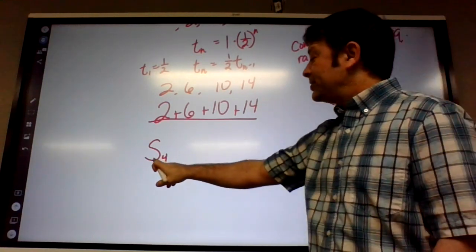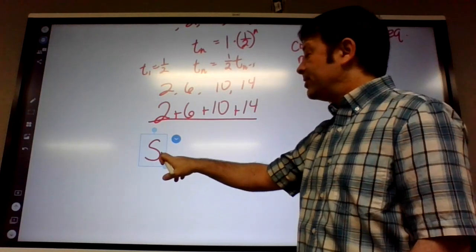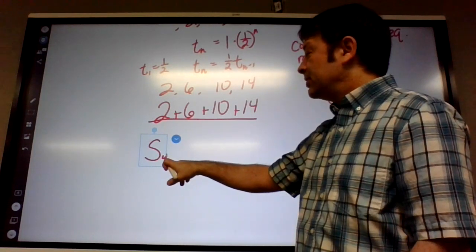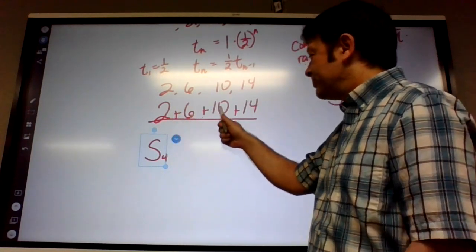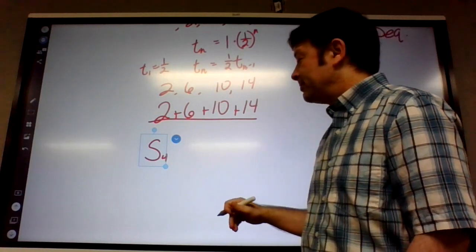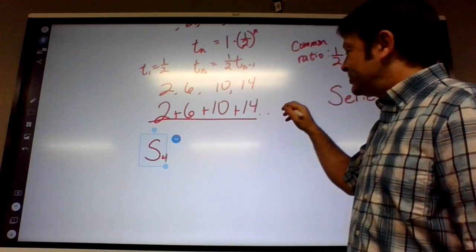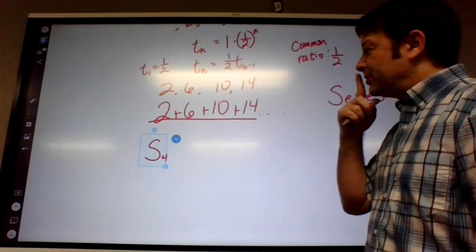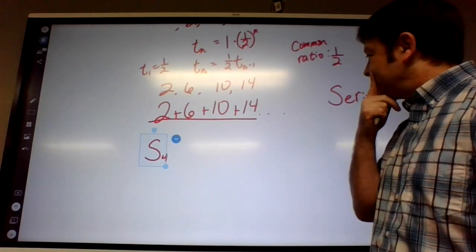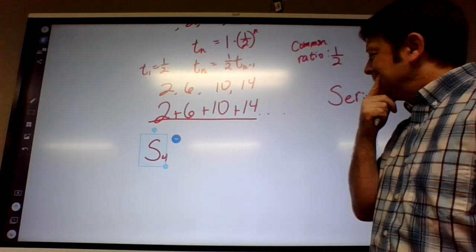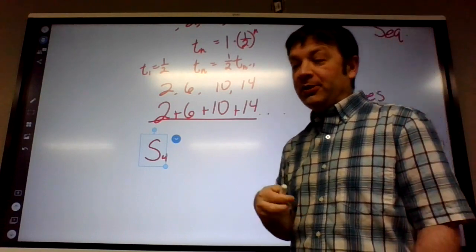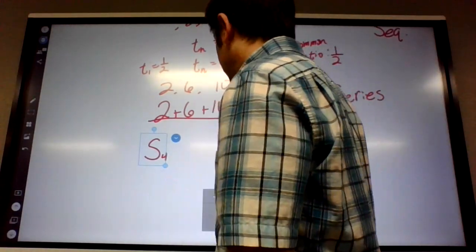So if I write S of 4, that means what's the sum of the first 4 of these? So you can do what's that plus that plus that plus that. Okay, that would give you the sum. But sometimes it gets really, really long. So there's a little formula somebody once upon a time figured out. And it's written in your book on 487.